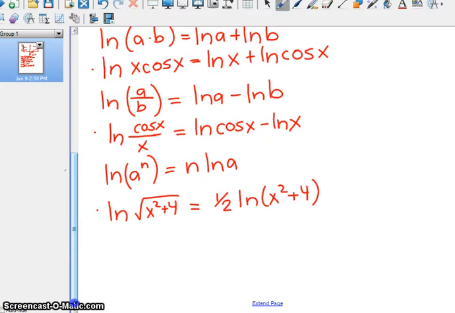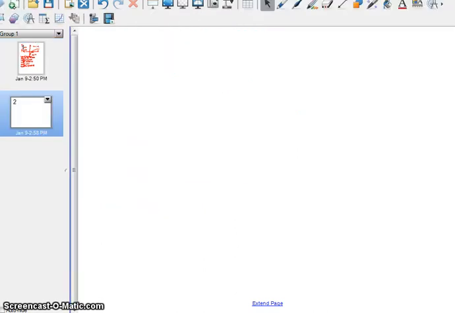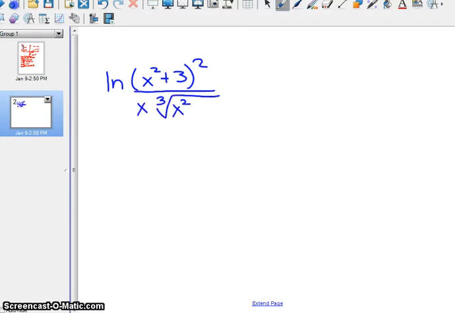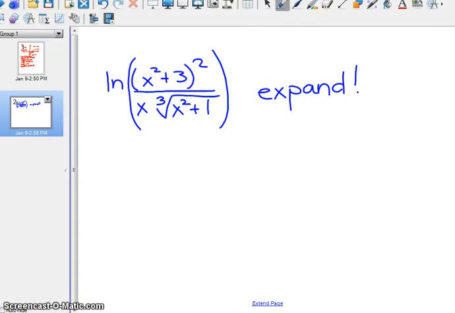So let's look at an example. Let's say our problem is the natural log of (x squared plus 3) quantity squared over x times the cube root of x squared plus 1. So that's natural log of this whole quantity, and we want to expand it. This is written as one natural log problem; we want to write it as many natural log problems.